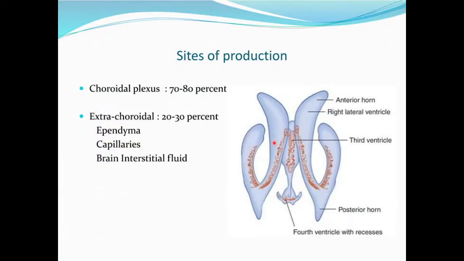These two lateral ventricles open into the third ventricle, which again opens into the fourth ventricle via the aqueduct of Sylvius. So we have choroid plexus in both lateral ventricles, the roof of the third ventricle, and the roof of the fourth ventricle. These are the major sites of CSF formation.